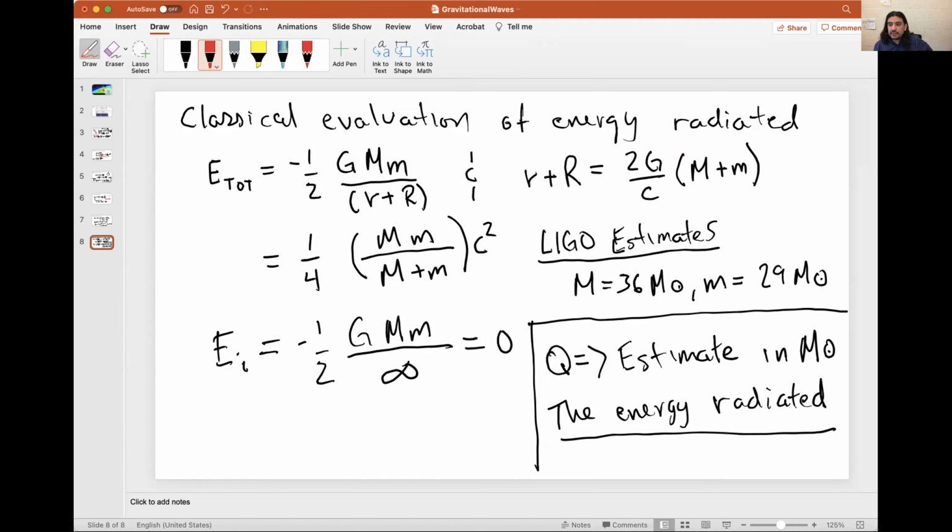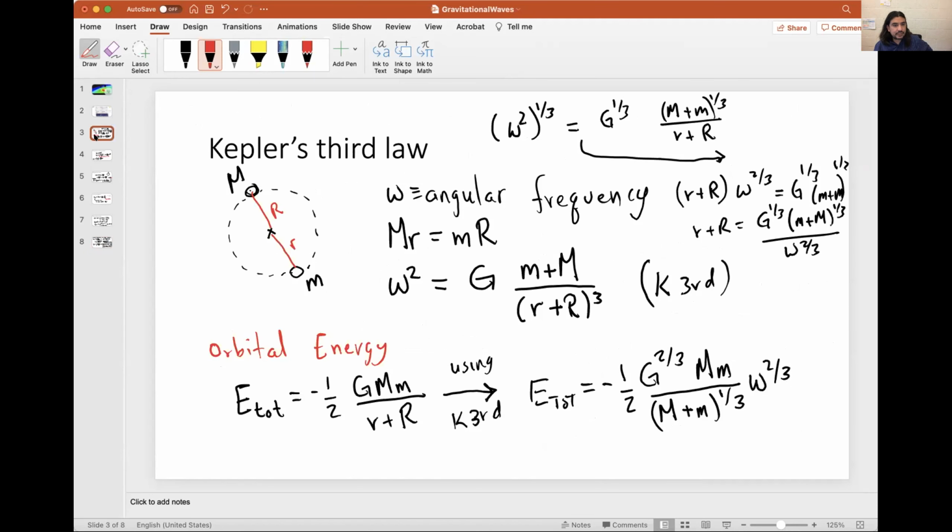And now, if there were two masses orbiting each other, let's see if I have it over here. Yeah, here's the angular frequency, right? We have two masses orbiting each other. Their angular frequency is 2 pi times 45 hertz. And assuming the two values that we have for the masses, we actually could calculate the initial separation.